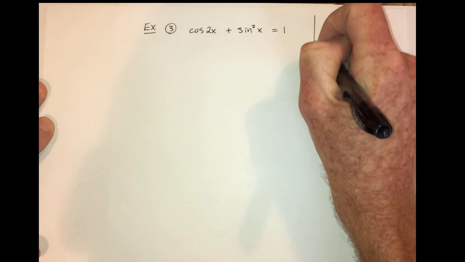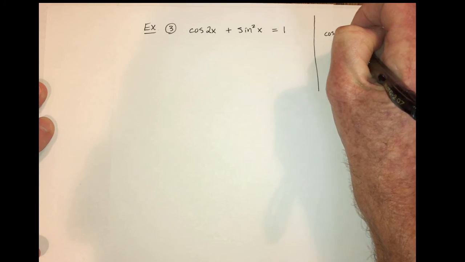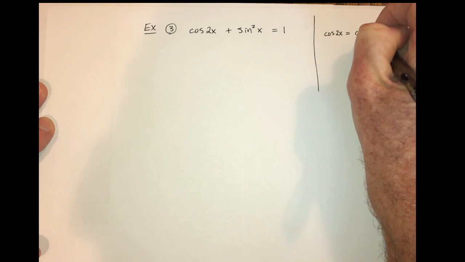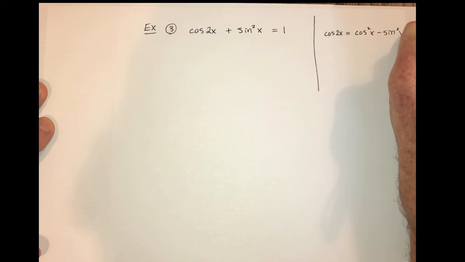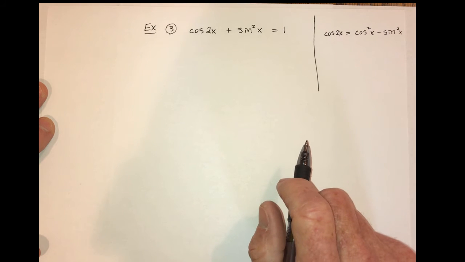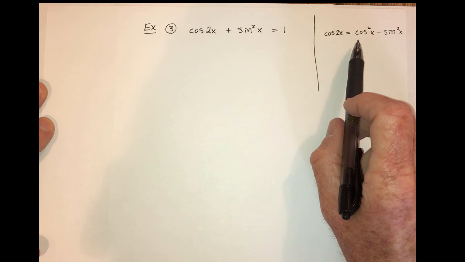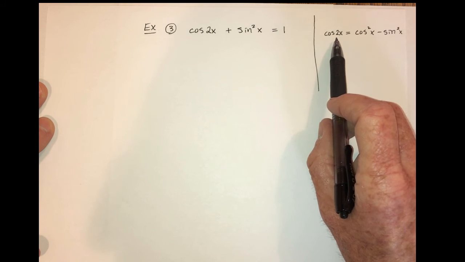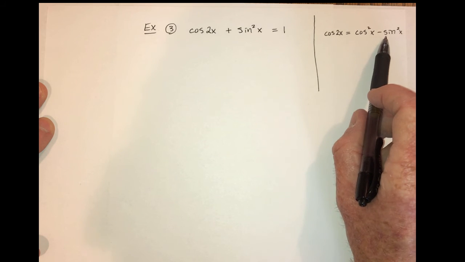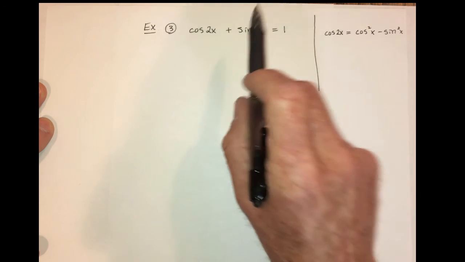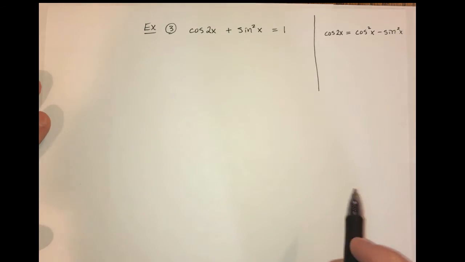So over here on some scratch paper, I'm going to work out cosine of 2x. The trig identity is that it's cosine squared minus sine squared. And there are actually 2 other versions of this, an identity for cosine of 2x, but I'm sort of liking this one, because if I use this one, it has negative sine squared together with that positive sine squared. They're going to cancel. Ooh, I like it.